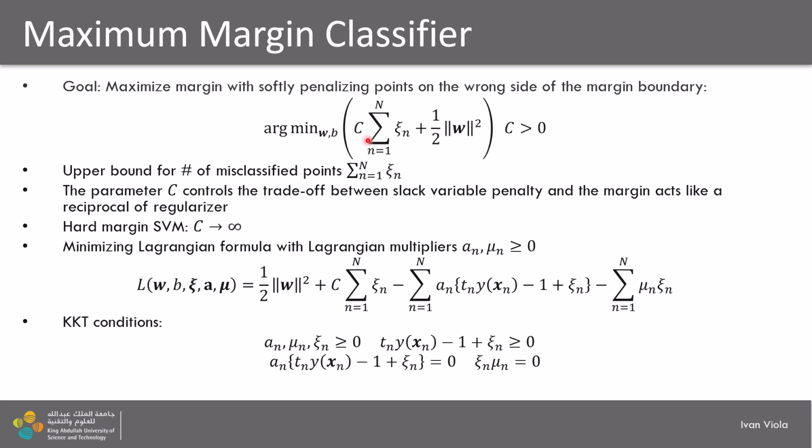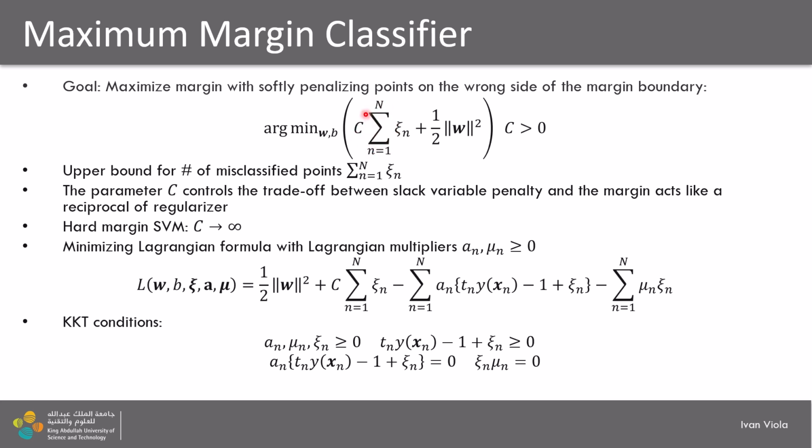So if the value is very small, we allow a lot of penalization. If it is very large, this C, this error will be very high, it will be scaled with that.